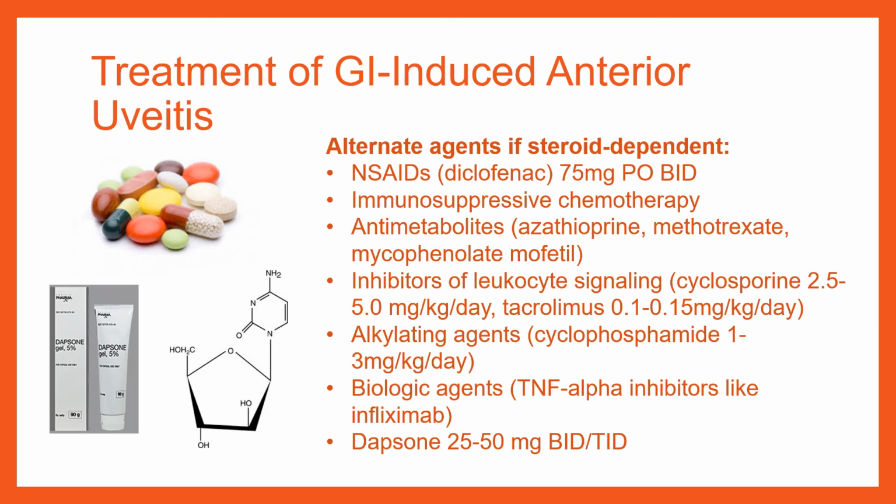Alkylating agents like cyclophosphamide are also effective against a lot of autoimmune presentations. And that goes similar in effect with biologic agents. These are also effective in autoimmune presentations like rheumatoid arthritis. Dapsone can also be used to treat skin manifestations of IBD.